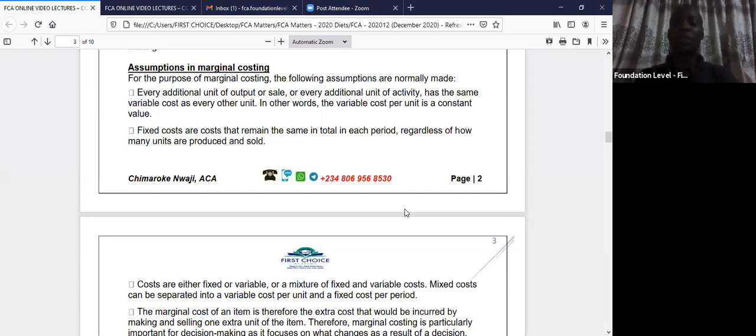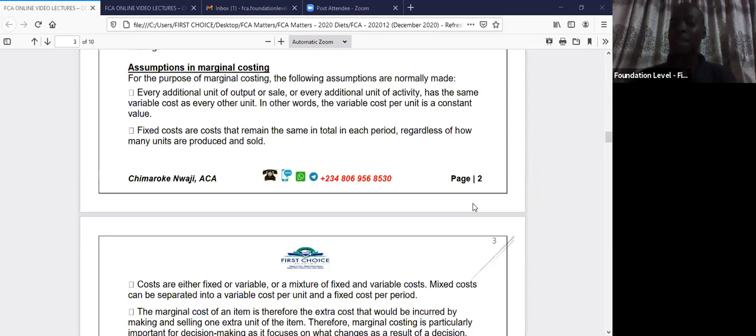So if that's a fixed cost, it means that if we have 100 participants in a Zoom class, which is the capacity, if we have 50 filling the class, we would have paid that 10,000 naira. If we have 25, we will have paid that 10,000 naira.